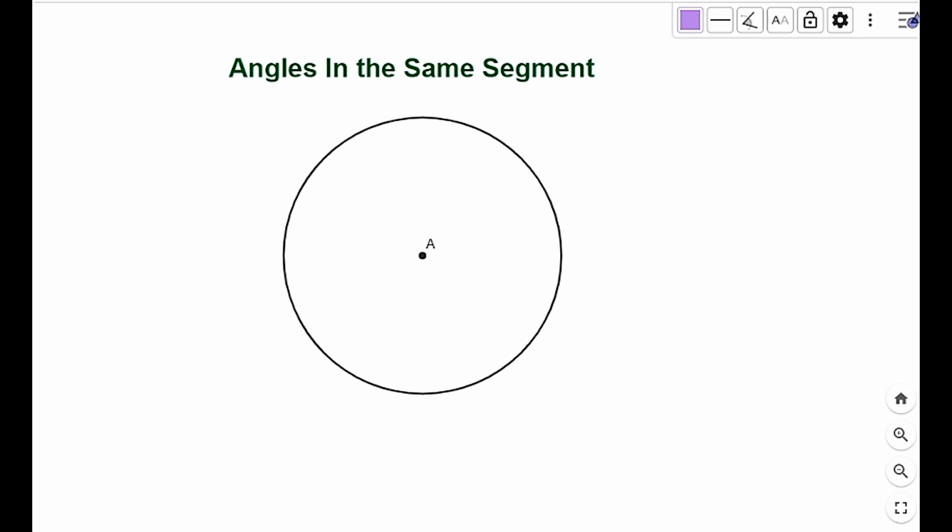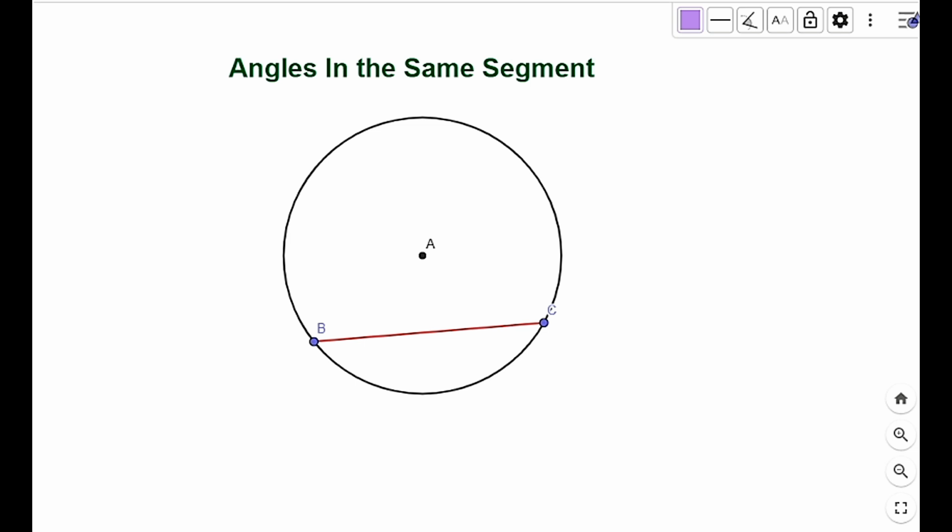Now, if we want to measure the angle subtended by a segment, first of all, we draw a segment on the circumference of the circle. For this, we take a point B and a point C on the circumference of the circle and join point B and C. So we get a segment BC.